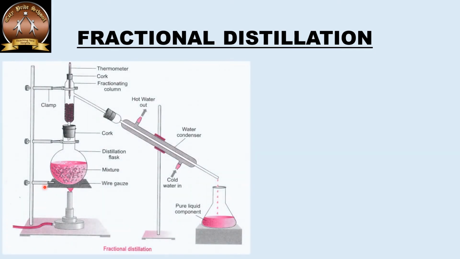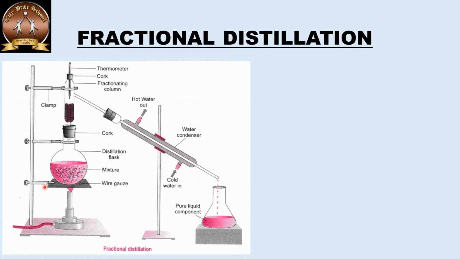Now we move on to the advanced version of the distillation, that is fractional distillation. There is a bit of change in the assembly or apparatus setup between simple distillation and fractional distillation. So this is the basic assembly of the fractional distillation.